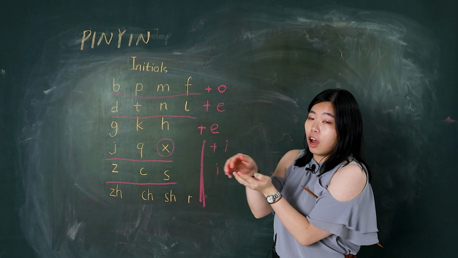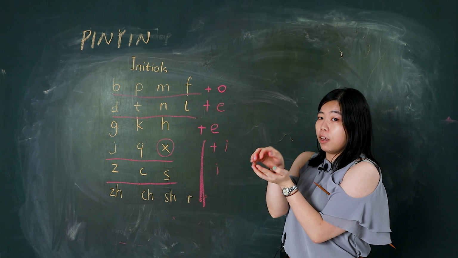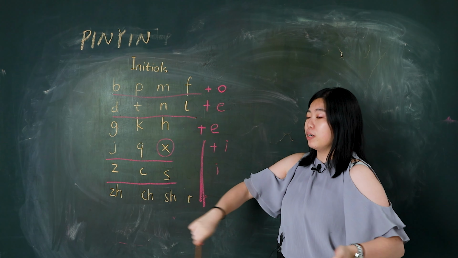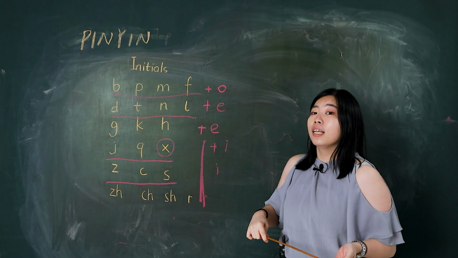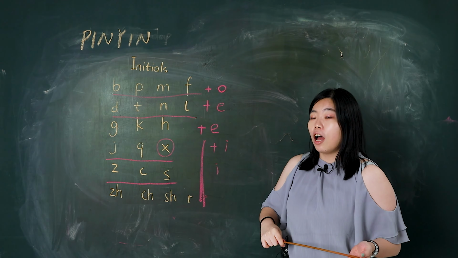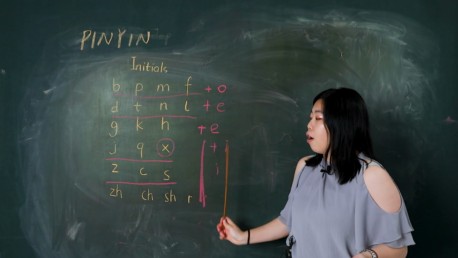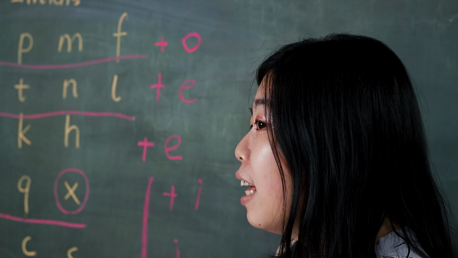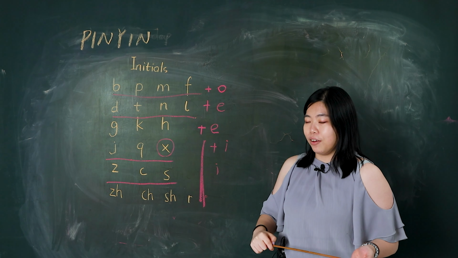So that is touch and lift, we do it. Touch, lift, touch, lift. And now we say z, touch, lift, z, touch, lift, and c, with air flow out. C, c, c. Very good.